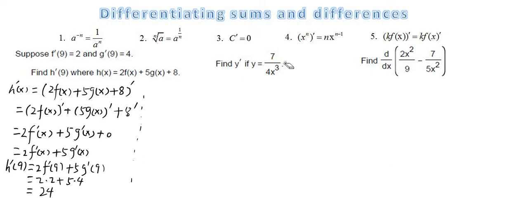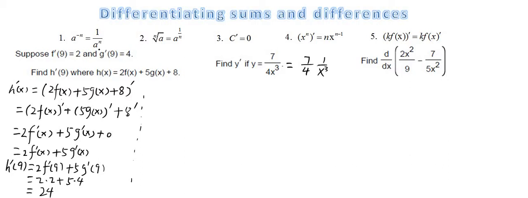So here we can convert this guy to x to the power negative 3. For ease of understanding, I can write it down like that: 1 over x to the power 3.